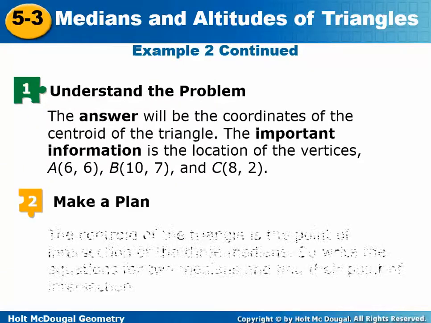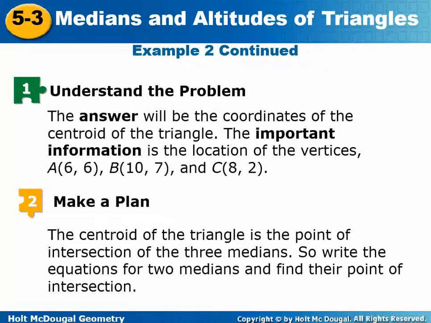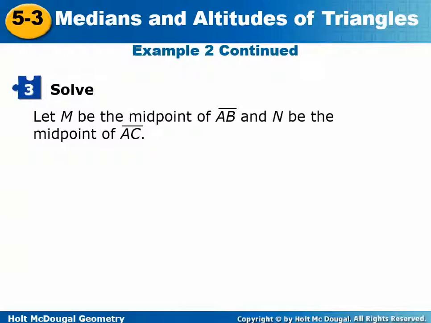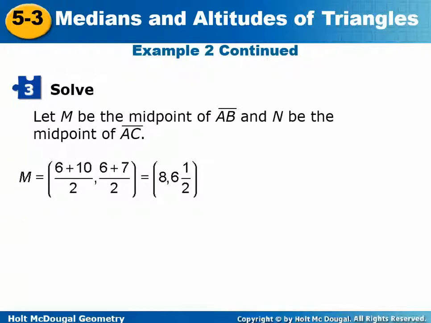We have to make a plan, and we already talked about the plan. We're going to find the midpoints. We're going to connect them to the vertices, and we're going to find where they intersect. Now we only have to do that for 2 of them because the 3rd one will intersect at the same place that 2 of them will. So they found the midpoint of 2 different segments.